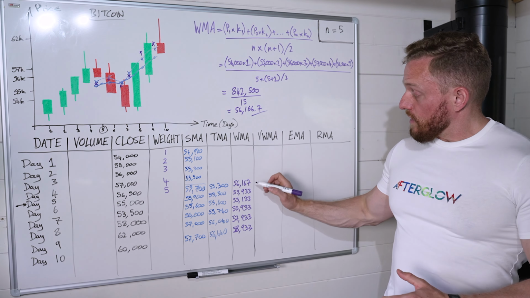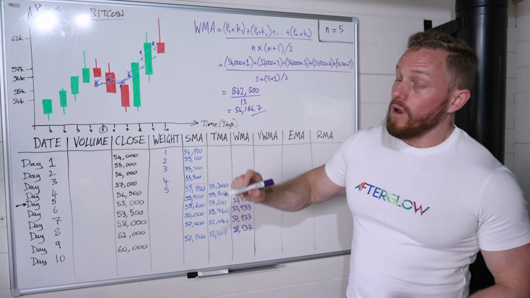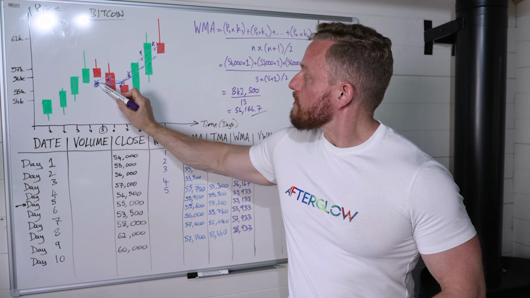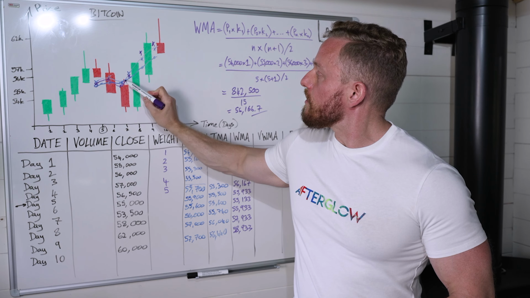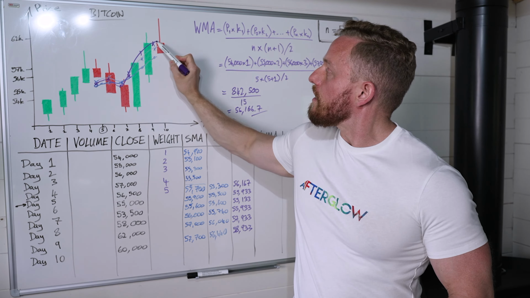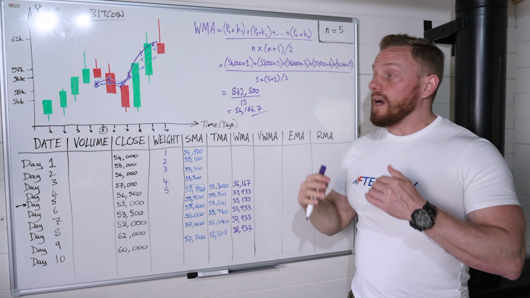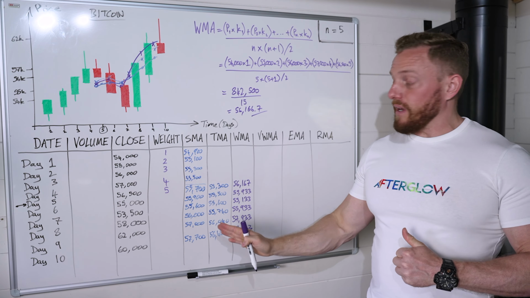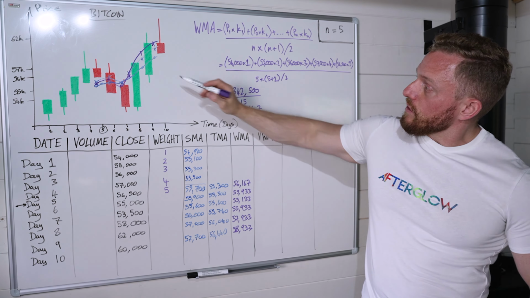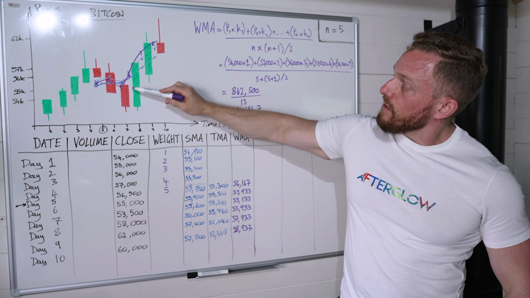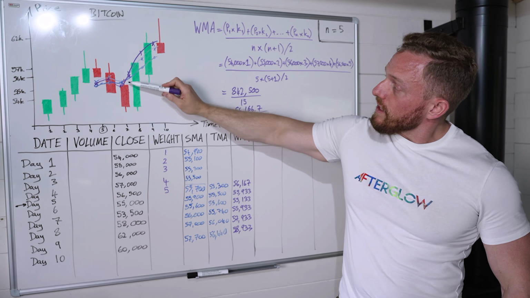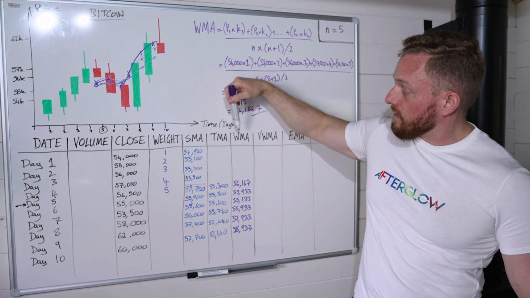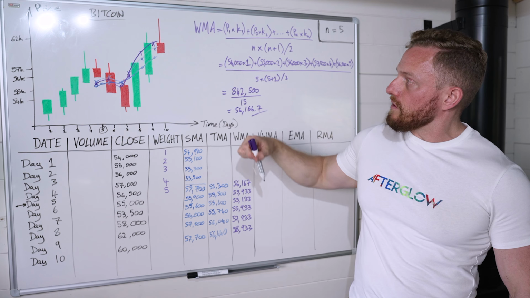And now we just connect all of those points on our chart marked by the purple crosses. So connect those. And now we can see how the WMA differs to the SMA and the TMA. Now you can see in this area that the purple line is moving up much more sharply and quickly compared to either of the previous two examples.